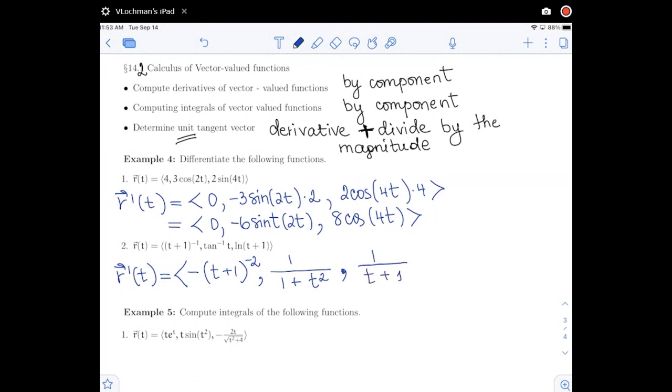Very good. It might have been a while since we've done these operations of differentiation and integration, which is the opposite. So do a self-assessment. Think about what it is that I need to review. Maybe some of you feel very comfortable with just computing derivatives.